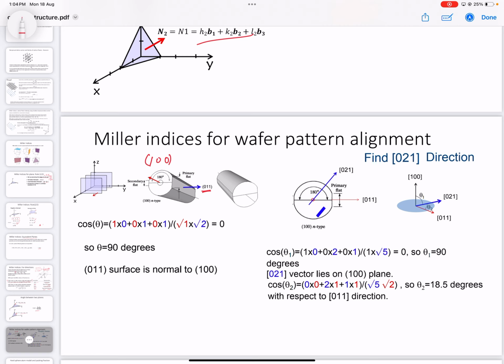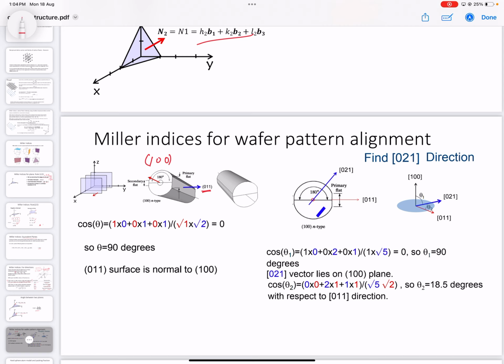So you see this, you take a wafer, let's say if I have a chalk, you take this wafer and you put a cut like this, and I'm saying this is a 100 wafer. The plane is 100.